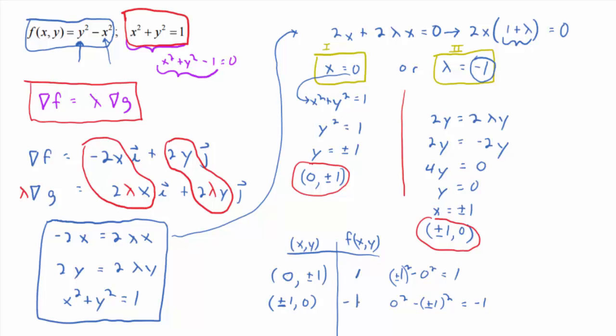Now, I happen to know that there is going to be an absolute max and an absolute min simply because that circle is a closed curve and f of x, y is a continuous function, right? Remember the extreme value theorem? F is continuous, and the region that f is defined on is closed and bounded.